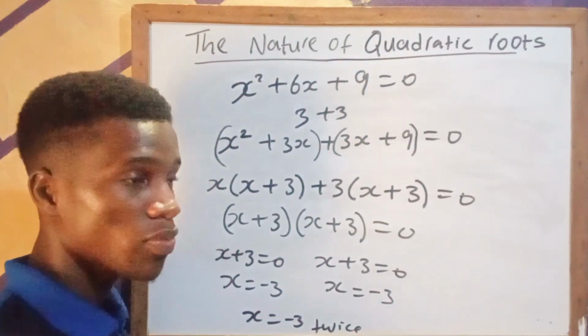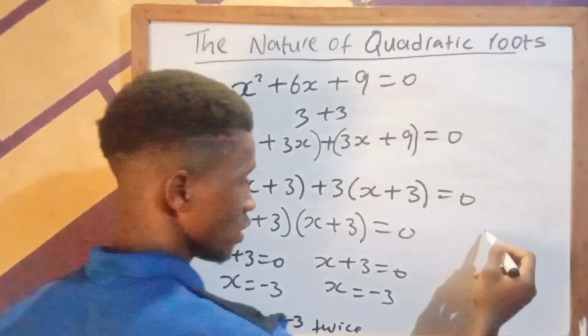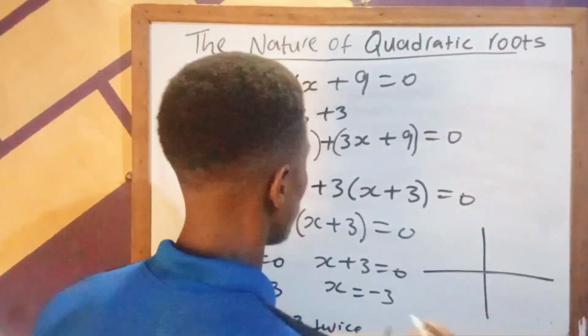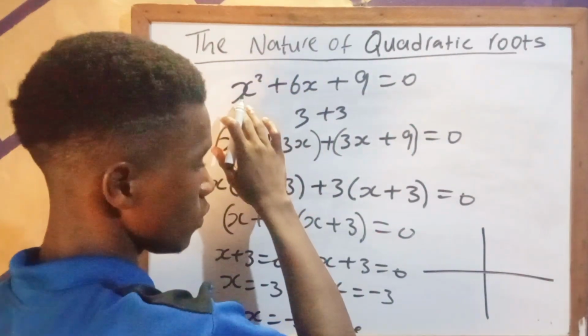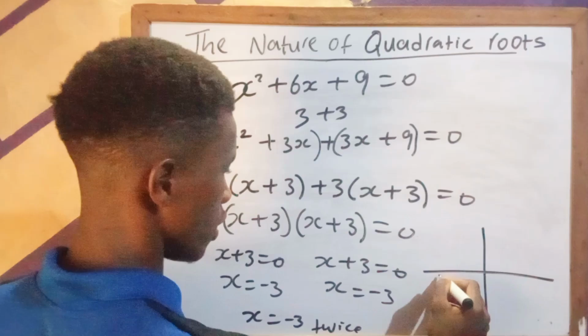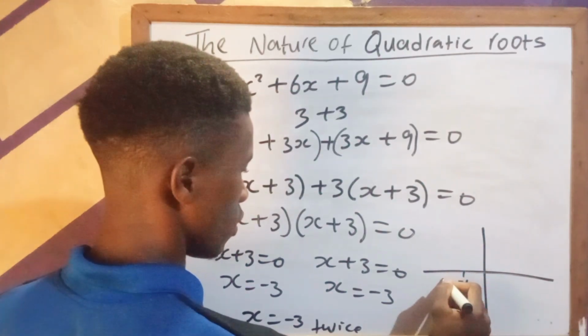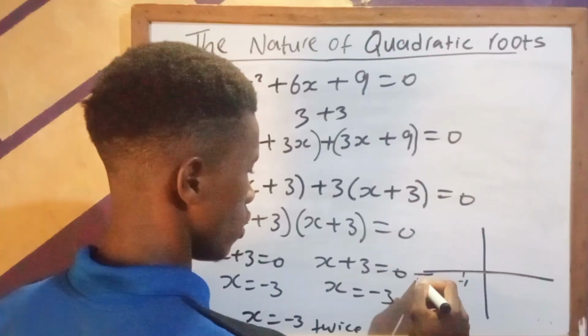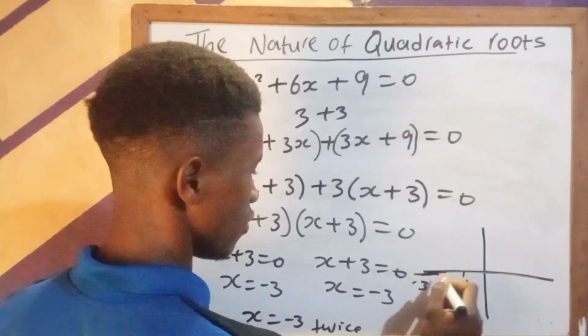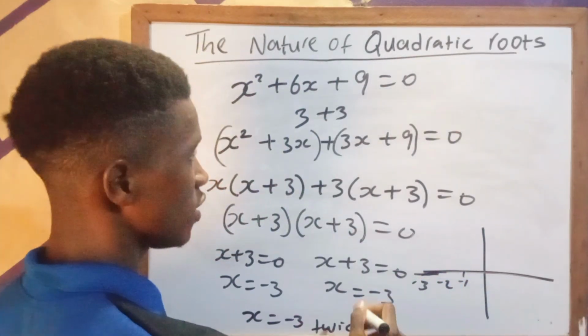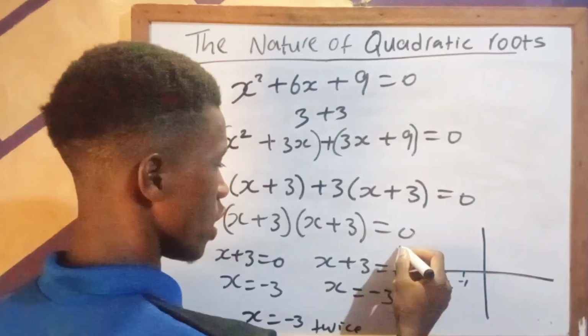Now if this is plotted on a graph, for example, say this is minus 1, minus 2, minus 3 on the x-axis, you see that this function is going to go like this.